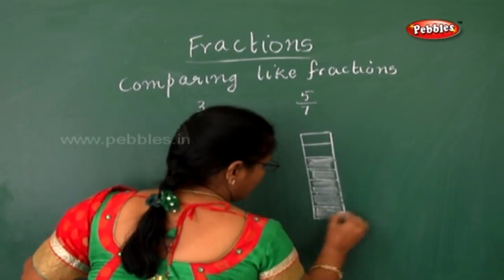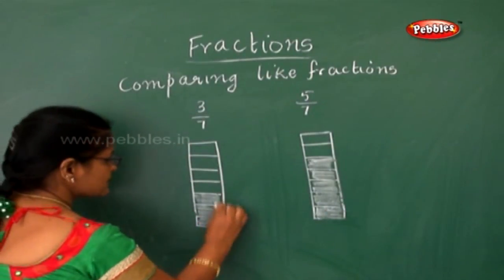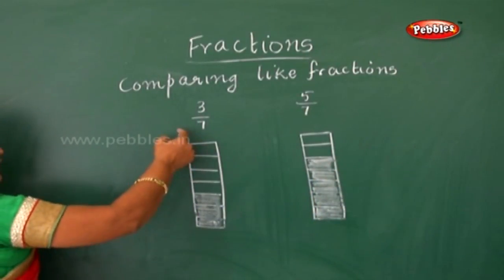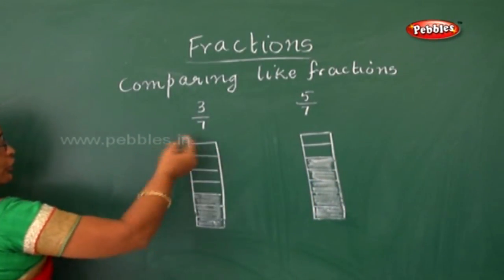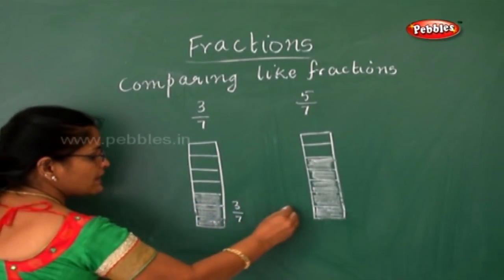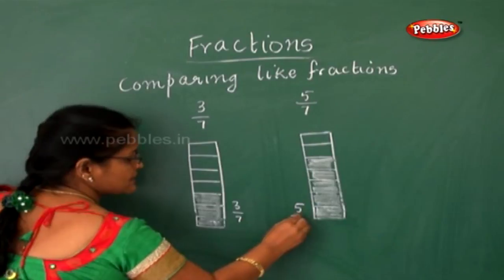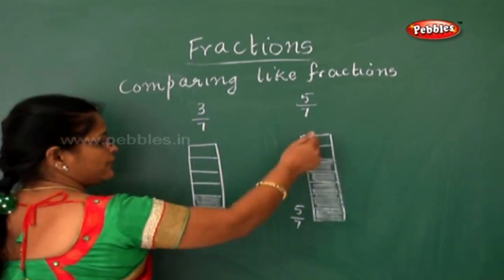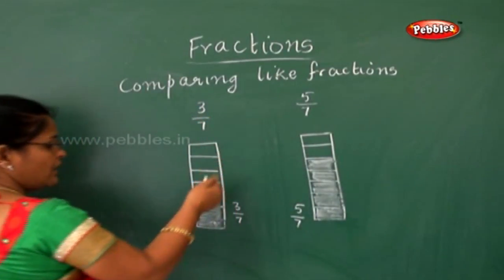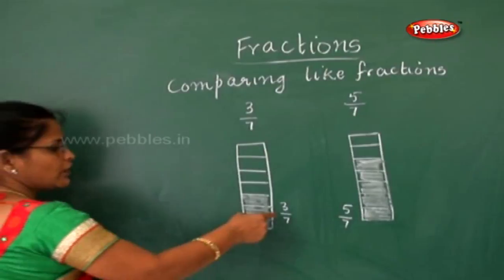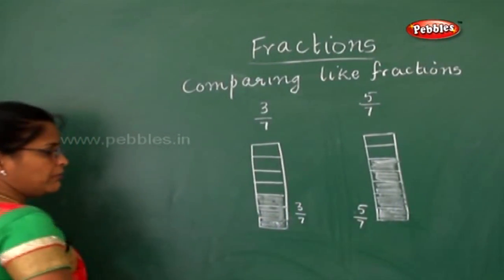Now tell me, just compare. Now just tell me or compare which one is greater or which is lesser. See, this 3 by 7 is lesser than this 5 by 7. That means 5 by 7 is greater because out of 7 parts 5 is shaded, and here out of 7 parts only 3 parts are shaded.